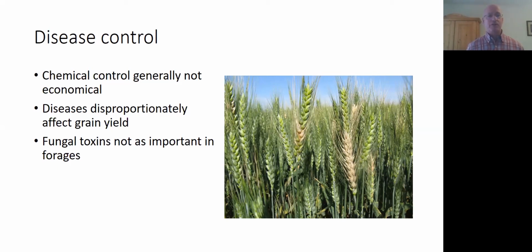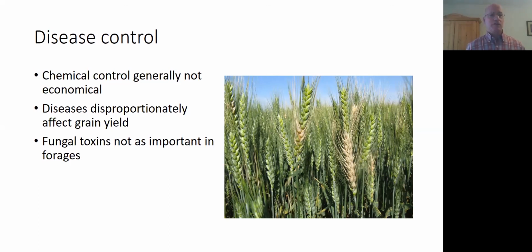There are some places in wheat I know where fungicides are applied routinely, but in general, they often may not be economical. The thing about diseases is they can disproportionately affect yield, grain yield I should say. So in the case of forages, perhaps diseases may not be as important.